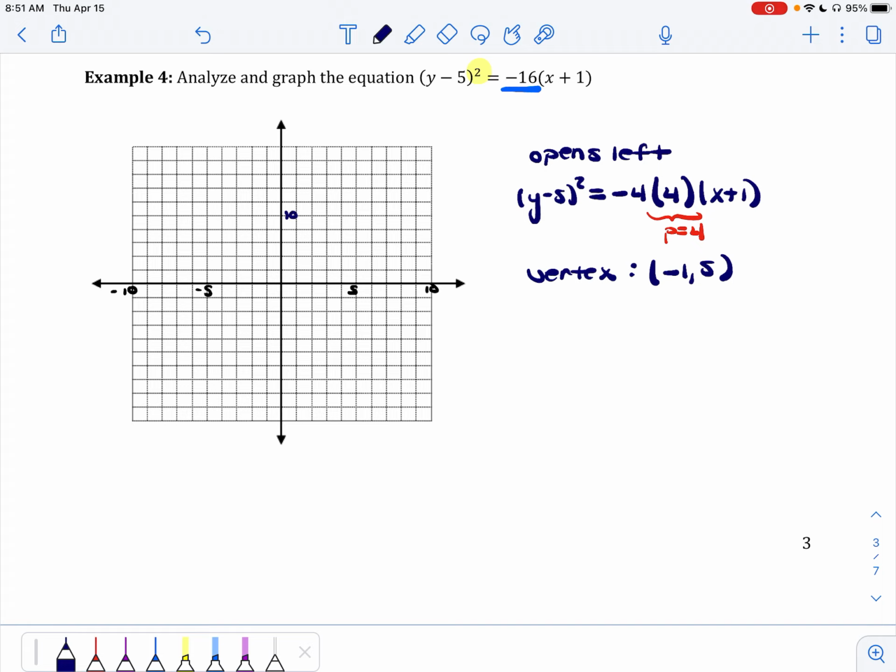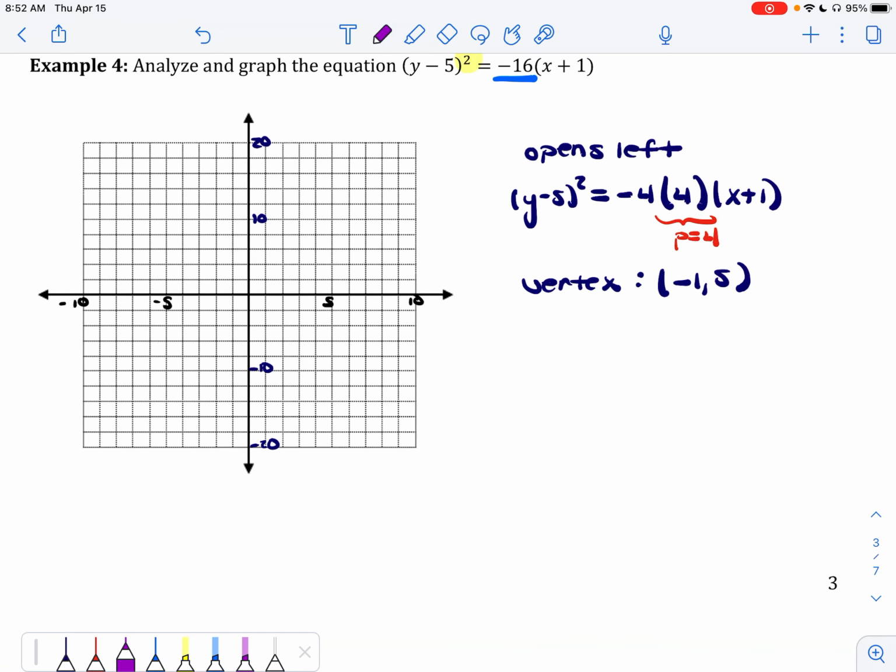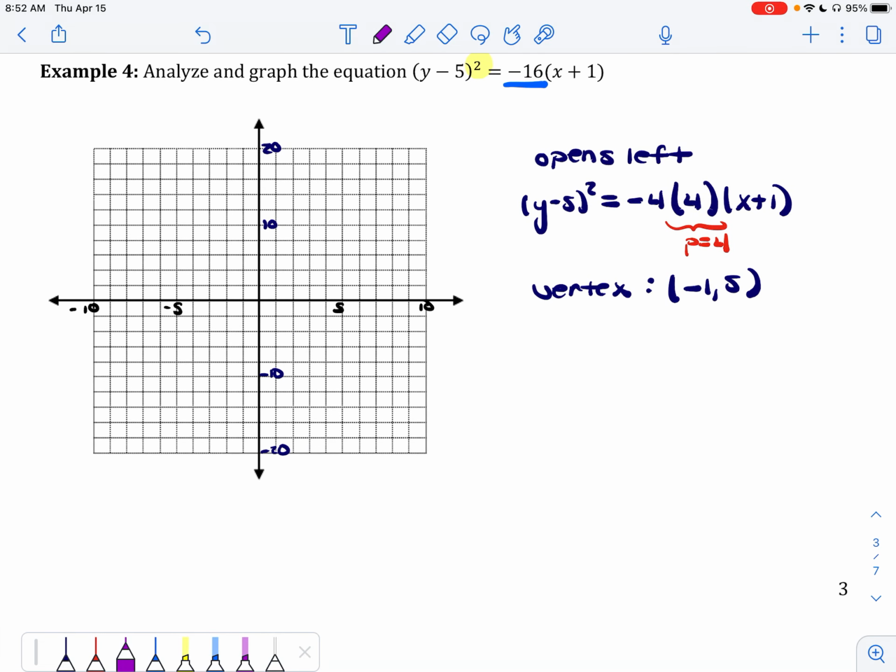I'm going to go by 2s. Okay, there we go. All right, so again, our vertex we said was at the point -1, 5. So -1, 5. Let me write a circle around there for our vertex.